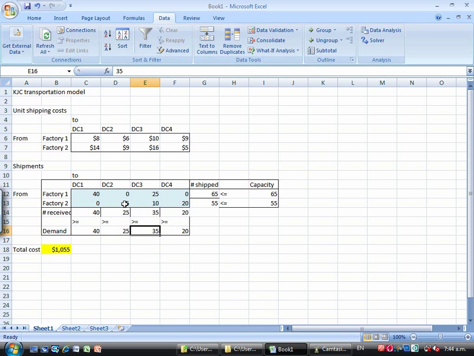Factory 2 has dispatched 25 plus 10 plus 20 units, so that's 55 units, which meets their capacity. And Solver's told us that this is the lowest cost plan. So to dispatch these boxes of jandals to those distribution centres would cost the Kiwi Jandal Company $1,055.